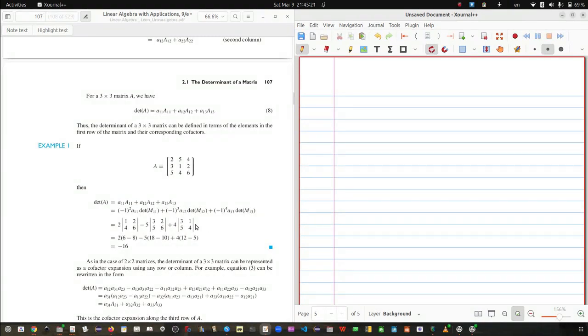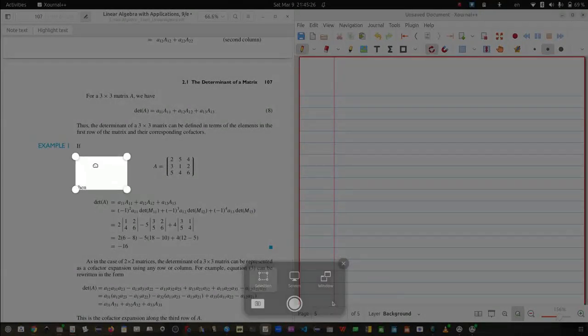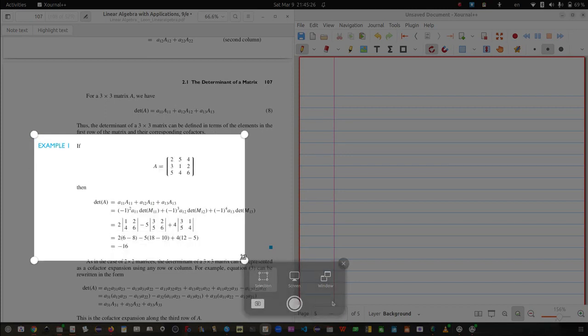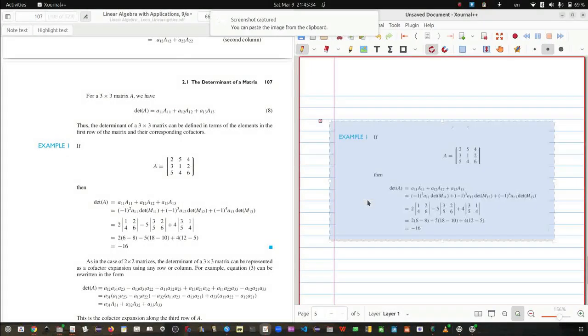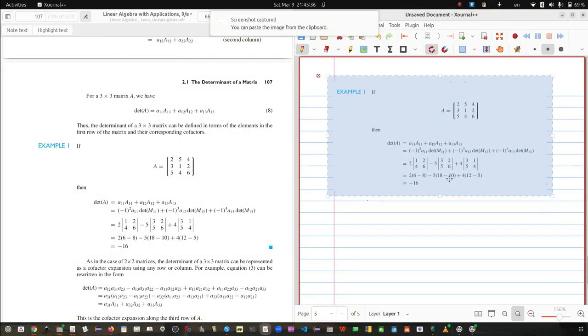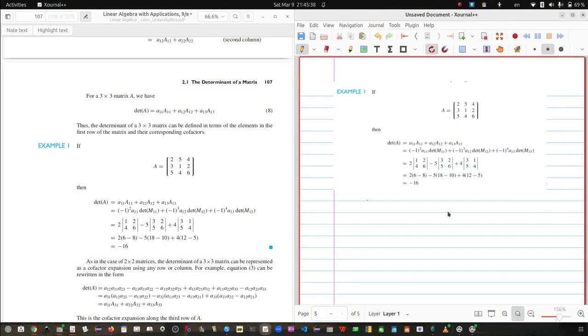So if you go to the book, let's see the book example, and I will take the screenshot and bring it to our notebook so we can talk about it. And this is our example, and this is summarizing everything.